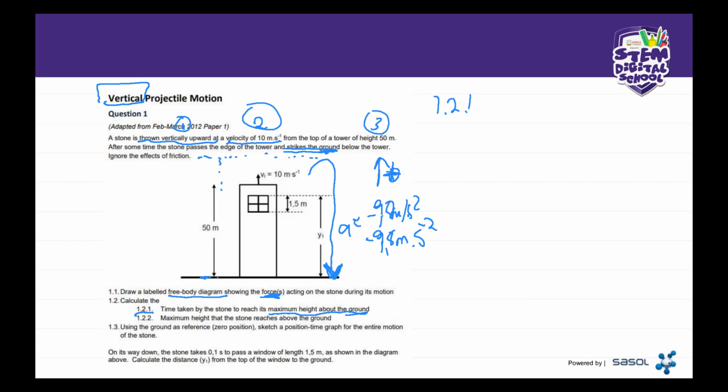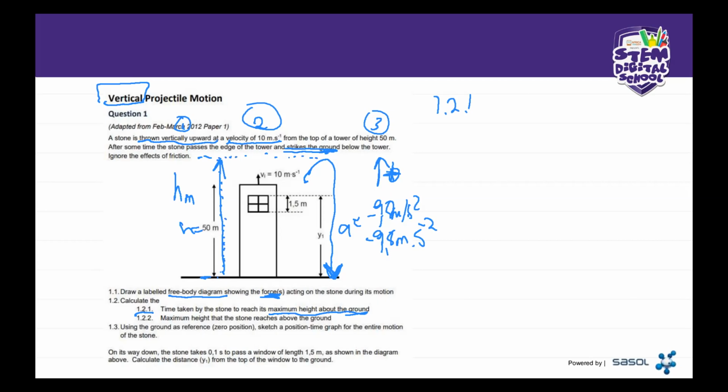So we're looking for this spot all the way here above the ground. So this will be our maximum height. Okay, so we've got our height, which is the 50 meters, but now we also have a maximum height. So how are we going to work this out?